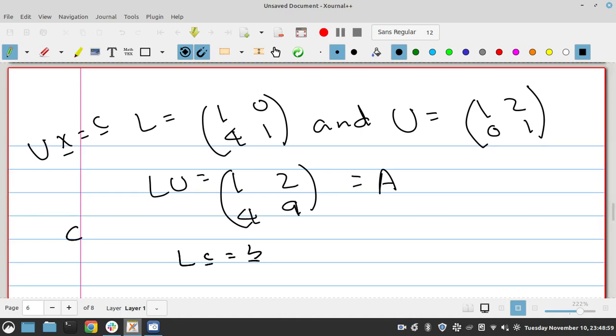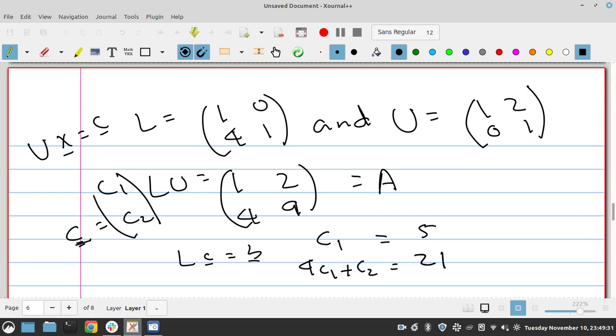So let's see, C equals C1, C2. L is this, so LC equals V can be written as C1 equals 5, since V is 5 and 21, and 4 C1 plus C2 equals 21.